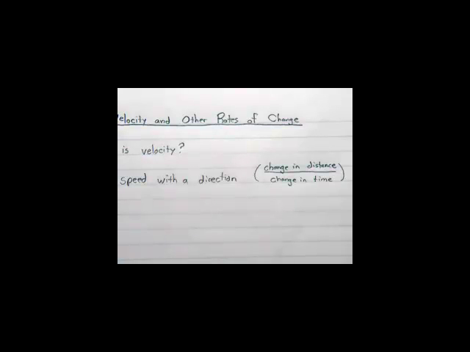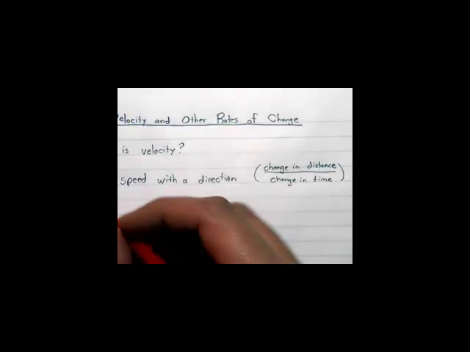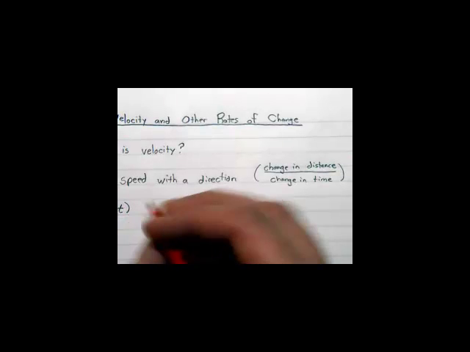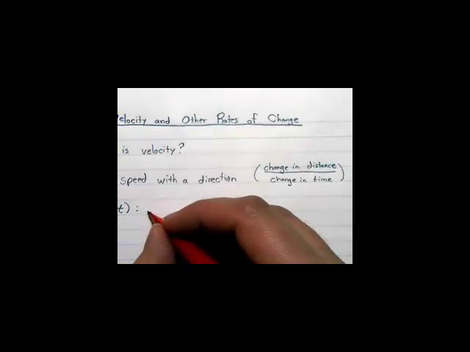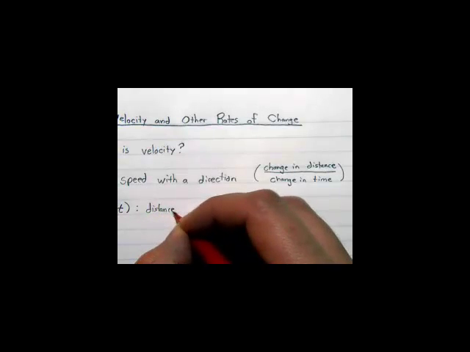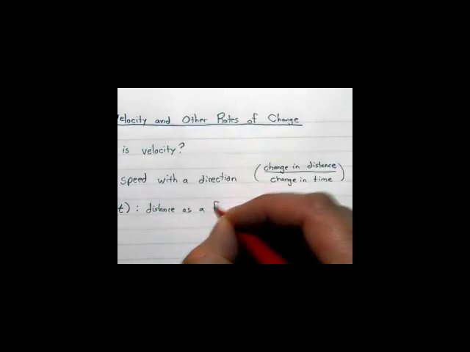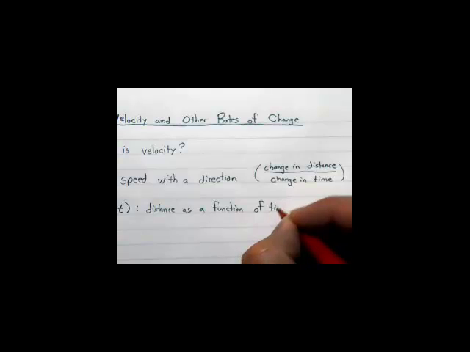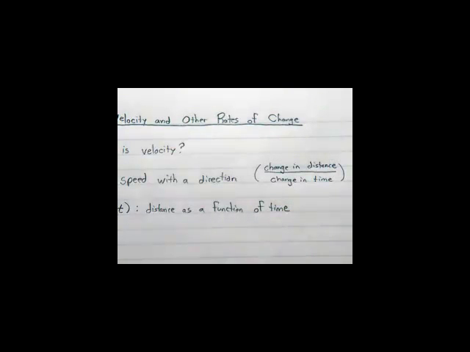So if I have some equation that is an equation of distance, so let's say this is distance as a function of time. Okay, so instead of it being y and x, it's s and t.